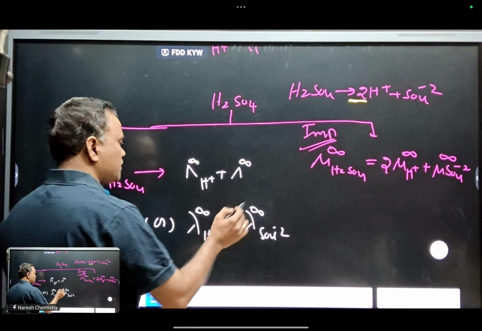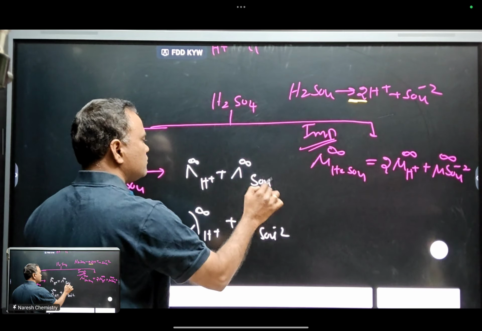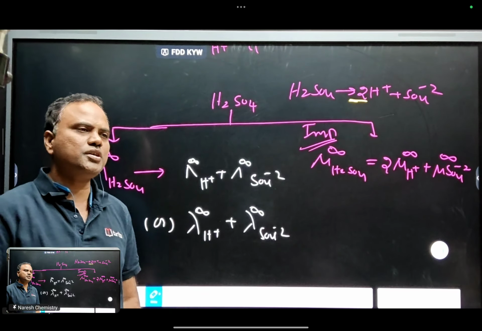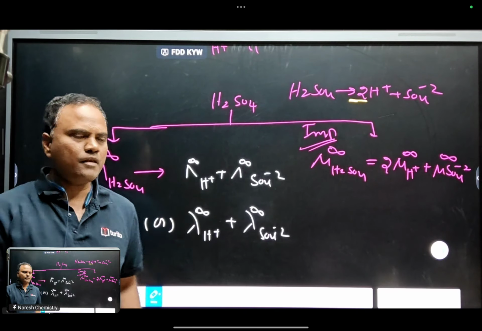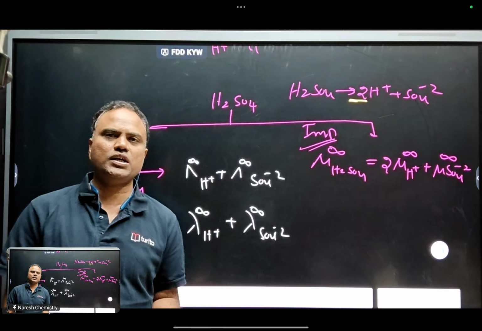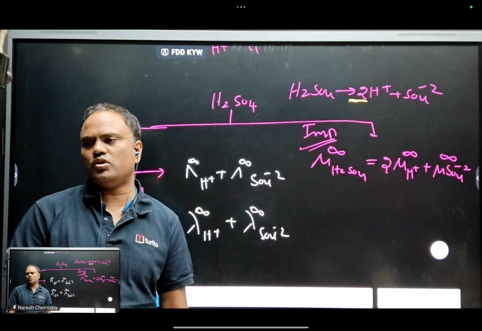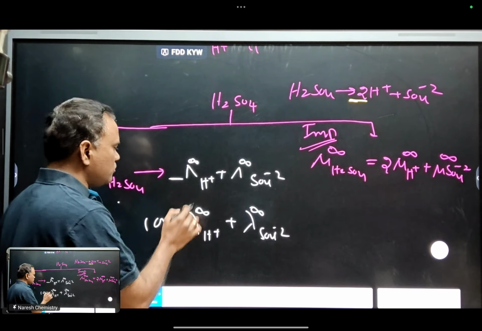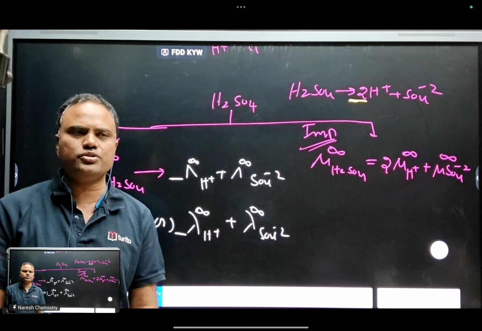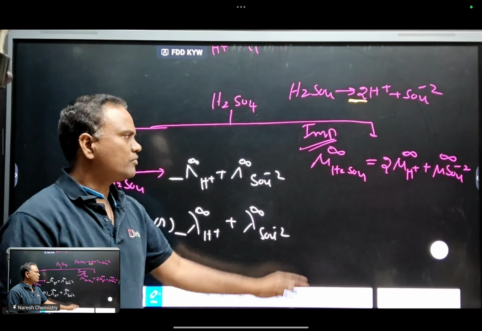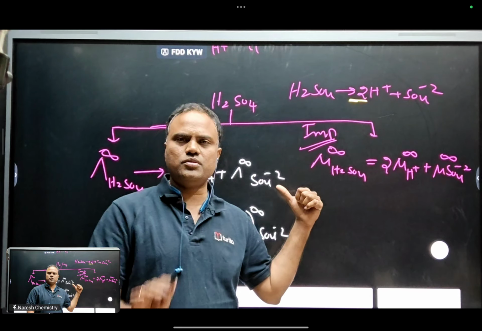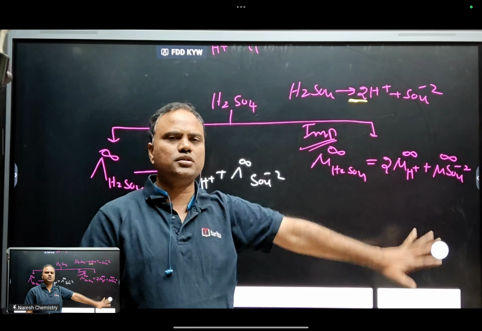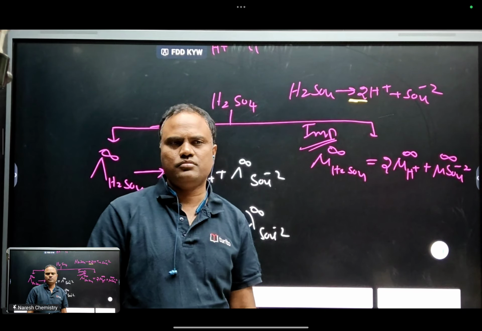This is the common mistake made by the students during the questions. What is the common mistake? Without identifying whether the given conductance is equivalent conductance or molar conductance, some students will take coefficients. See, here we didn't take coefficients. For gram equivalents, normality concept, no need to take coefficients. For molarity, we have to take the coefficients.